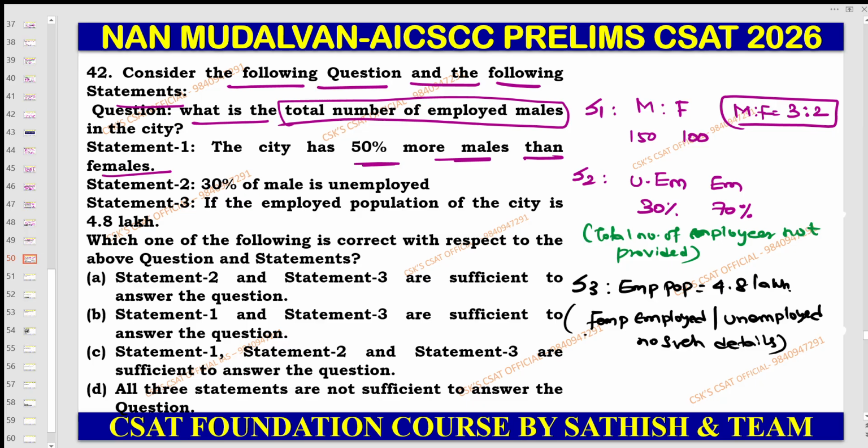Even if you take statements number 1 and 2, please understand, only the ratio is provided. Total male is not provided, total female is not provided, and total employees also is not provided. In this situation, even if you take 1 and 2, that is not possible. Next, 2 and 3.